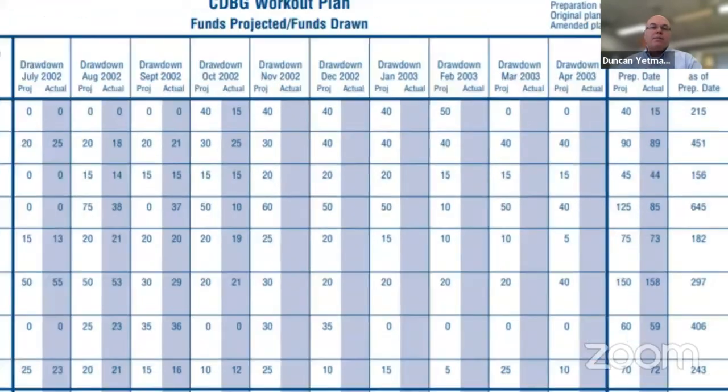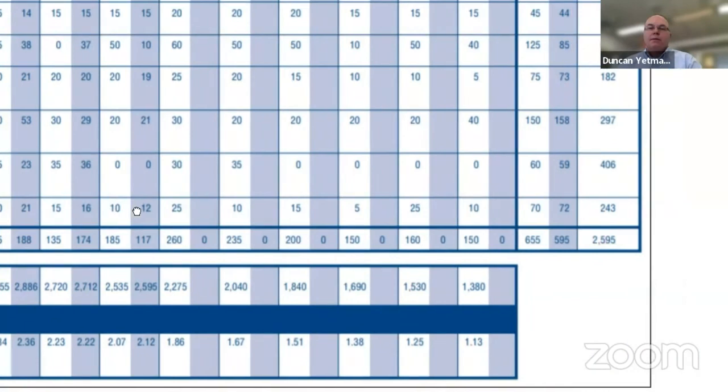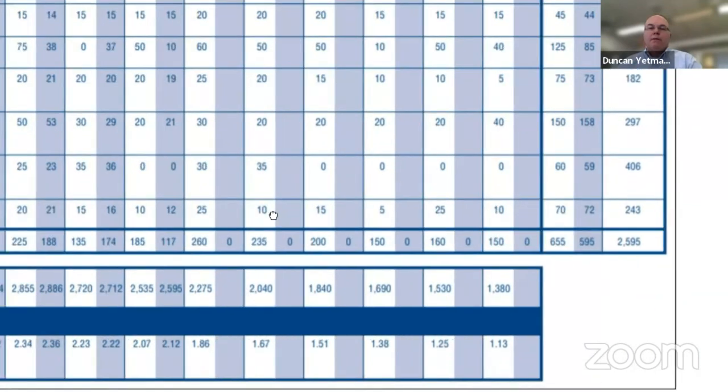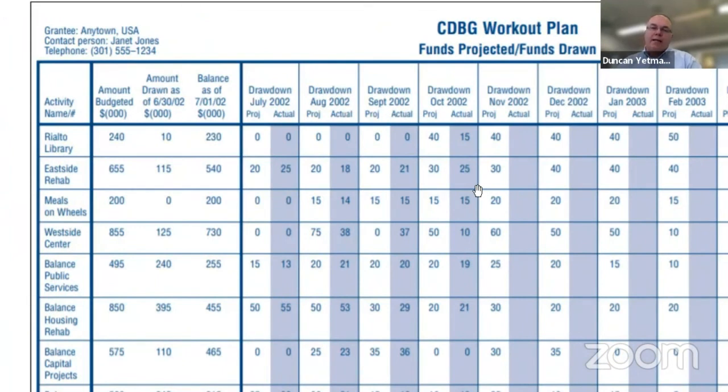And you set this up in Excel and you will be able to monitor your expenditure and your compliance with the deadline on an ongoing basis. That's just one way of monitoring and some of the resources that HUD has available to you to help you monitor.